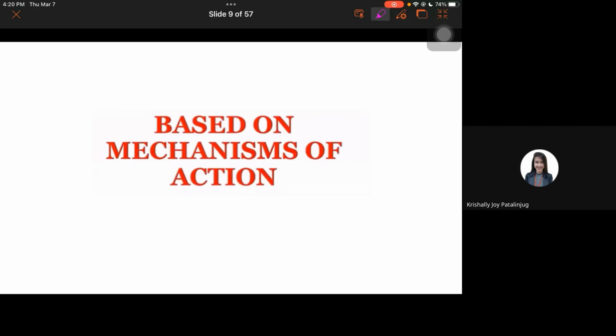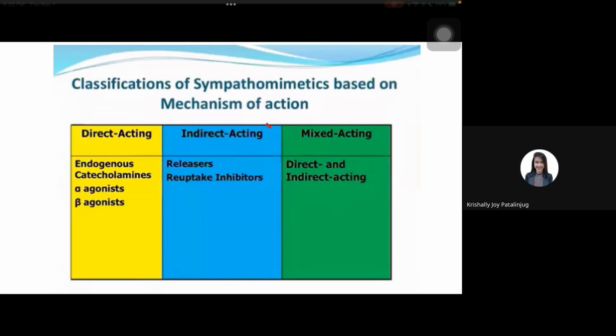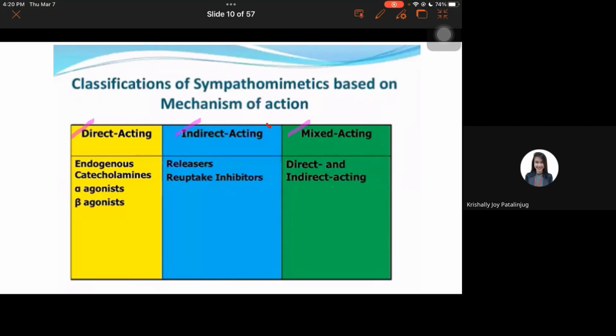So this time, i-discuss naman natin yung classification ng sympathomimetics based on MOA, mechanism of action nila. Okay, so again, meron tayong three sub-classifications, di ba? Based sa introductory slide kanina. We have direct acting, indirect acting, and also mixed acting. Okay, so under direct acting, ida-discuss natin individually yung mga sub-classifications rather.